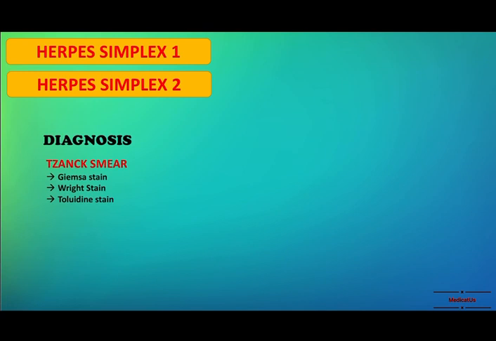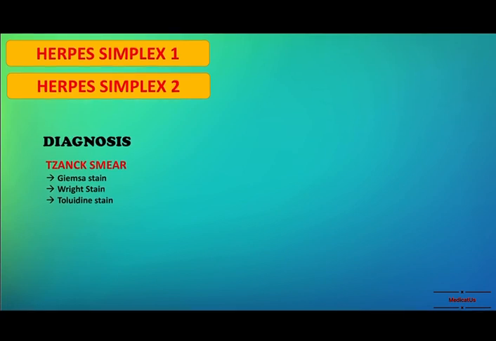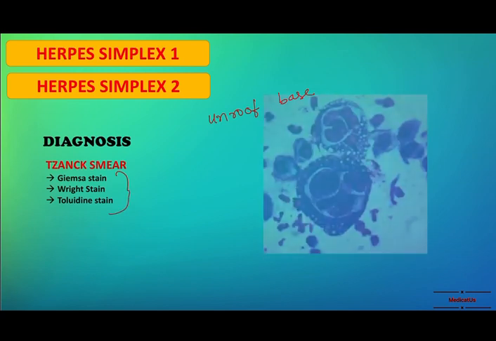Now about the diagnosis. The first one is Tzanck smear. First we will unroof the base and then scrape it, and after that we will apply these stains. What will we see?